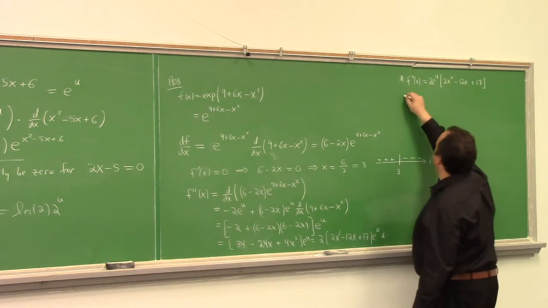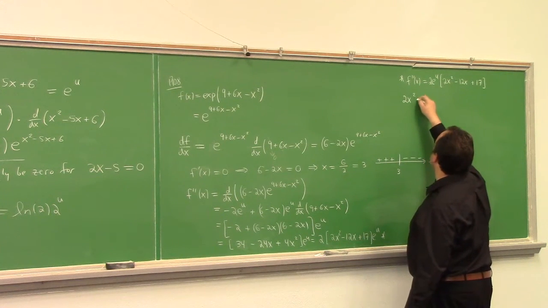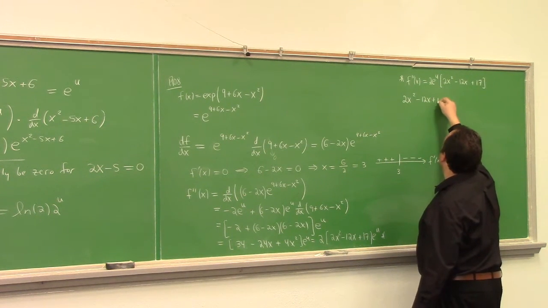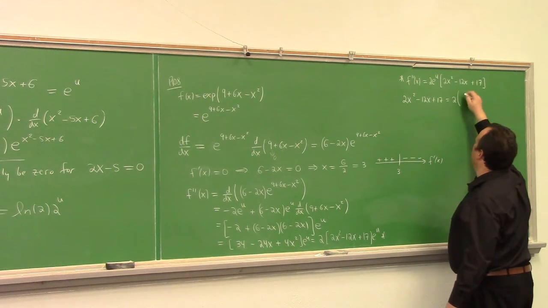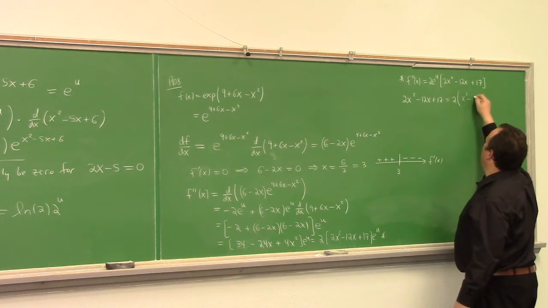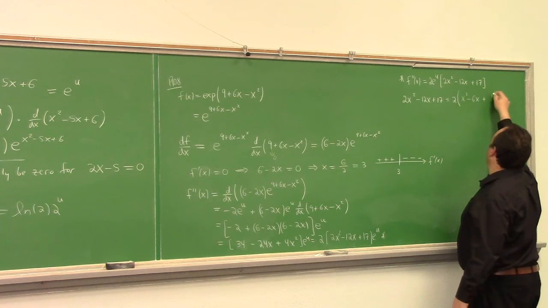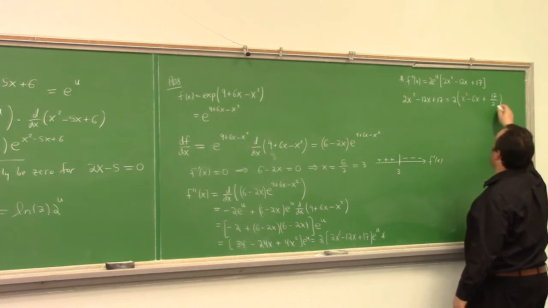To tame the quadratic, I will complete the square. So I factor the 2 out.